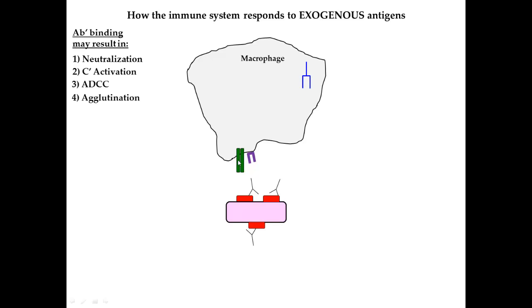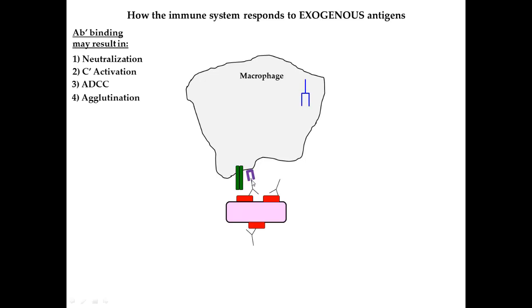And you'll remember we learned that macrophages also have toll-like receptors on their surface. So this macrophage can bind to this bacterial cell in two ways. Its Fc receptor can bind to the constant region of that antibody, and the toll-like receptor can bind to generalized patterns found in certain antigens.